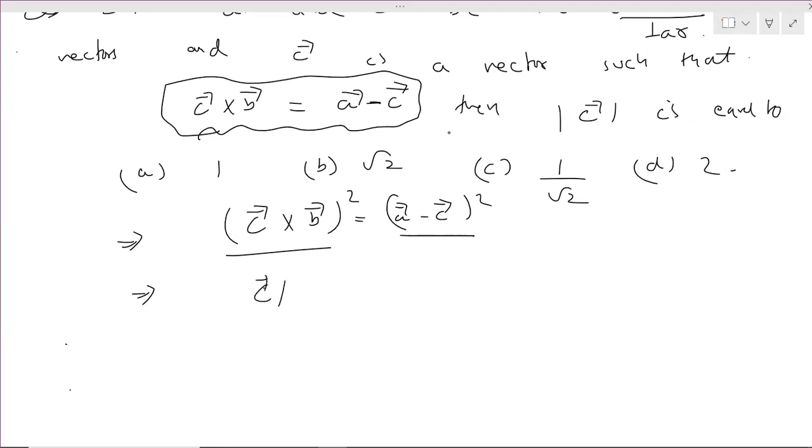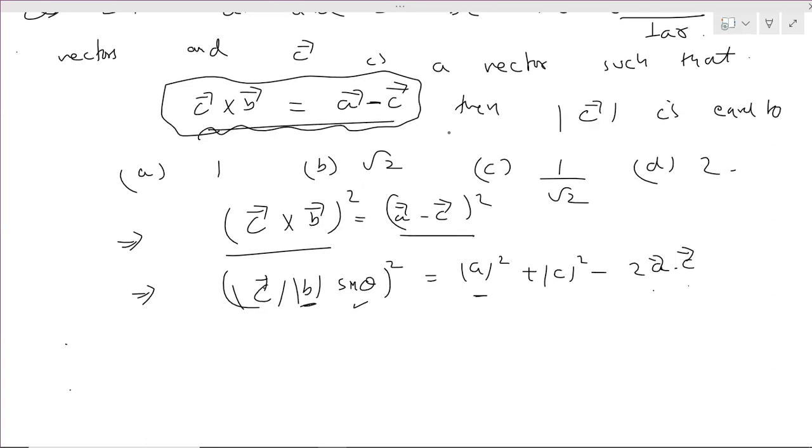This will be mod C mod B sine theta whole square, and this is mod A square plus mod C square minus 2A dot C. We know these are all unit vectors A and B. Then this thing we know 1, this thing we know as 1, but we have to find sine theta and A dot C.